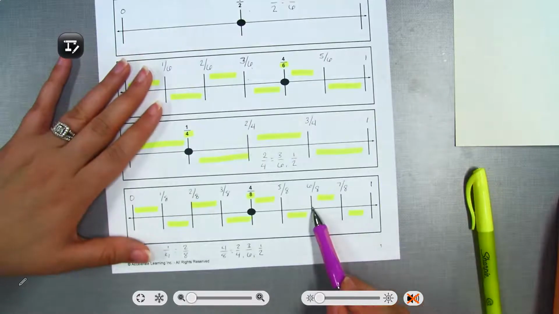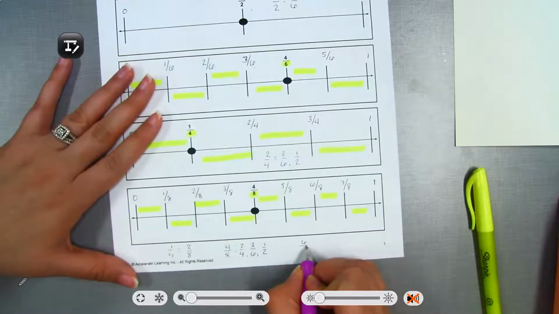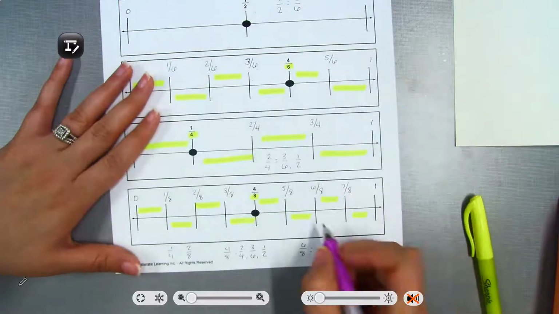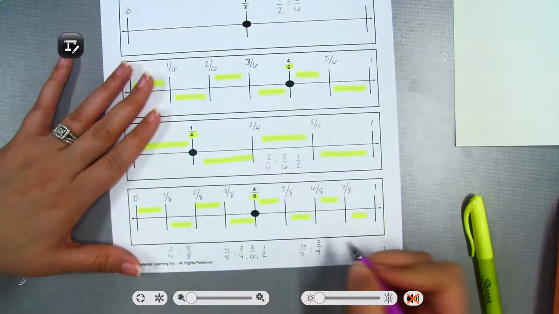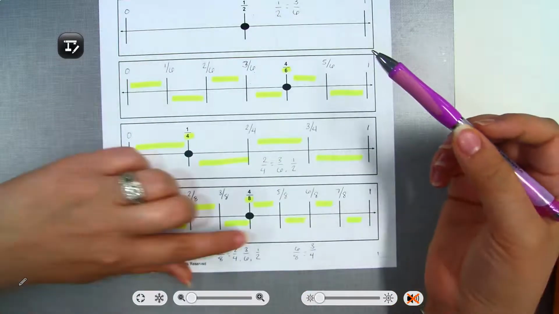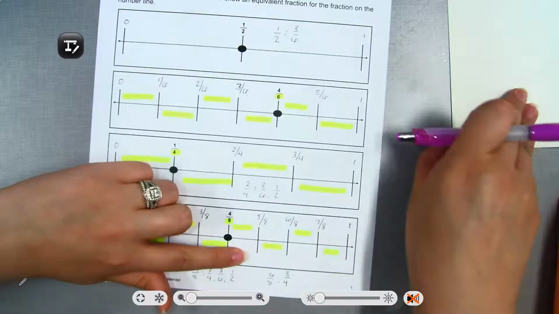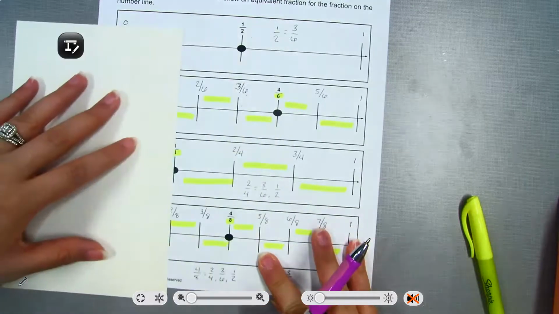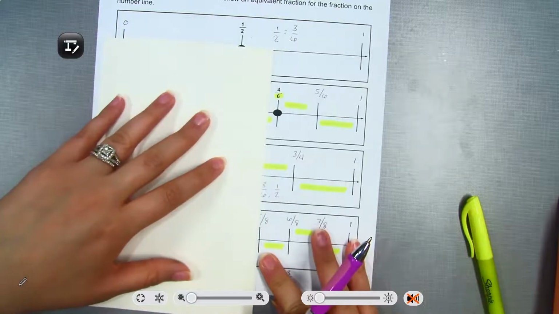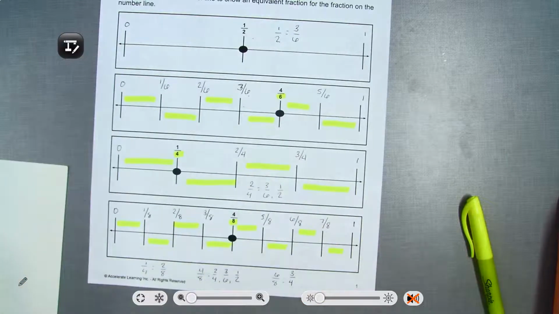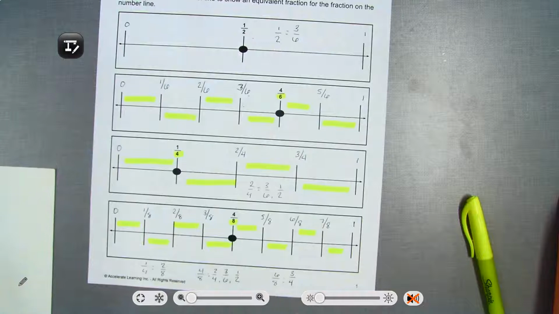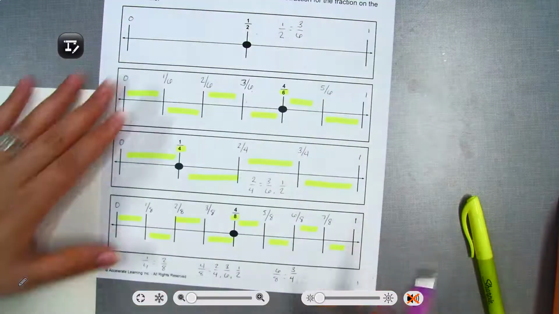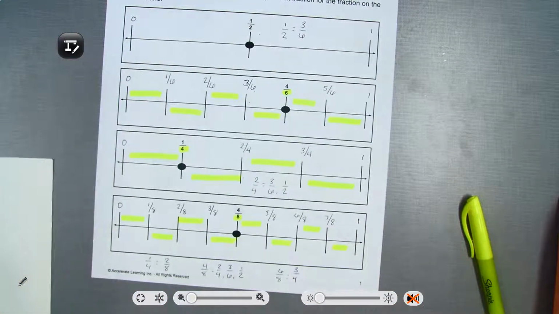I have 6/8 is equal to 3/4. 6/8 is equal to 3/4.